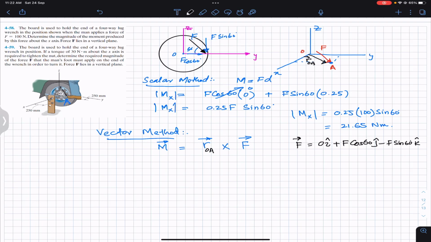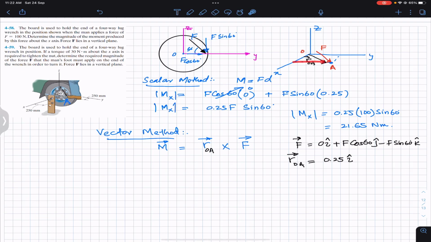And the position vector from O to A, we can find. We need to move from O to reach point A. First of all we need to travel 250 mm in the positive x, or 0.25 meters in the positive x, so that is in the positive i.